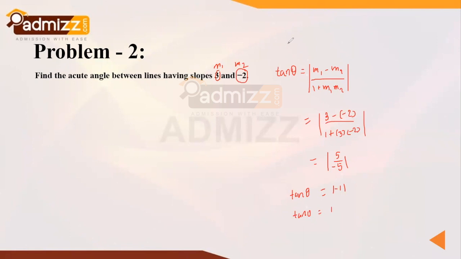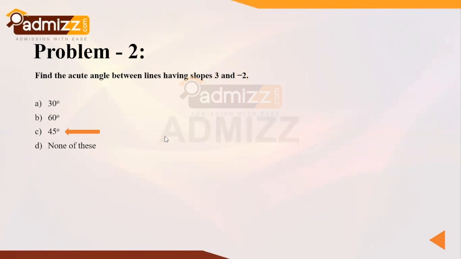Yes, definitely, your answer is correct. Let's look at the options listed here: 30, 40, 60, 45, and none of these. And yes, the answer is 45 degrees. Now let's proceed further with the next problem.